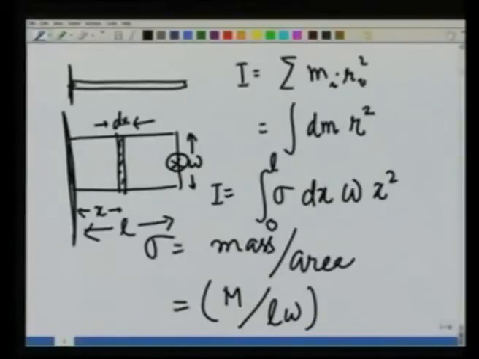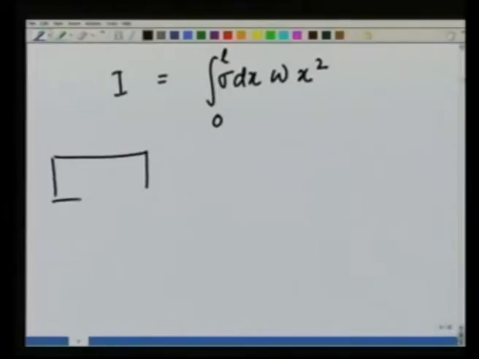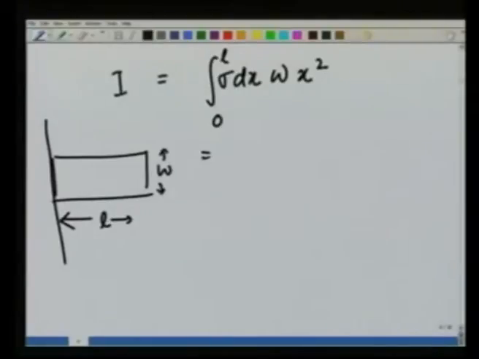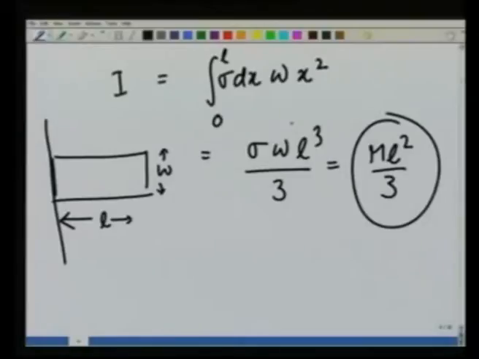So, let us do that, and when we do that, I get I is equal to integral dx sigma W x square from 0 to L, where I am talking about this rectangle rotating about one of its sides, length L, width W. So, this comes out to be sigma W L cube over 3. Sigma W L is nothing but the mass, so mL square over 3, a result that you are well familiar with.